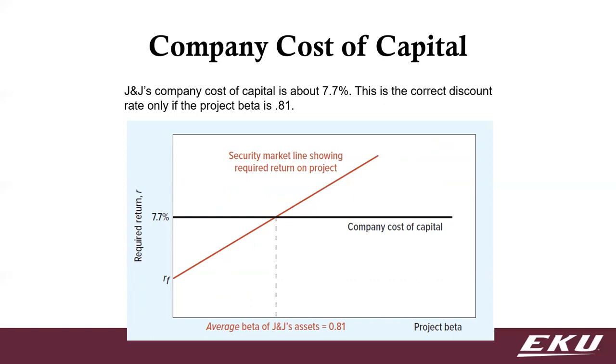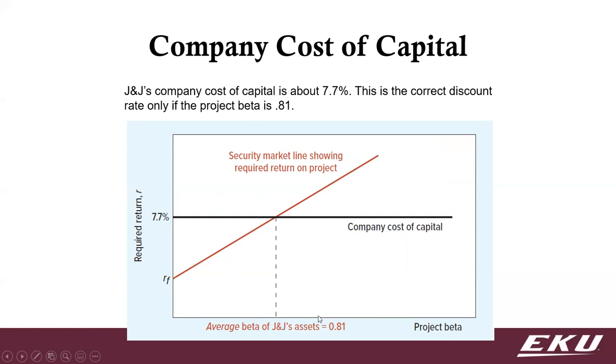And so I would only discount at 7.7% if the project itself was that same level of riskiness, like a beta of 0.81, right? If it is a lower beta project, a safer project, a more guaranteed project, I would use a lower rate, because I would go along the security market line to whatever that required return was.